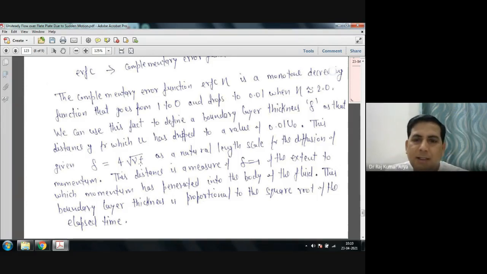So from here you can tell where that 99% concept of boundary layer thickness has come from. When your fluid reaches a velocity which is 99% of the original one, that's called your boundary layer thickness.